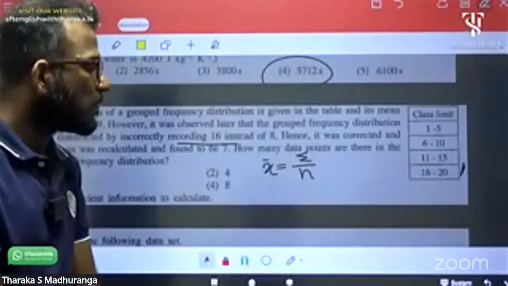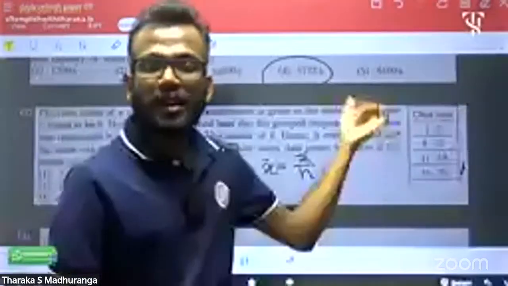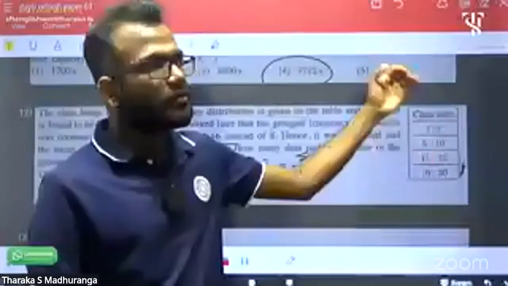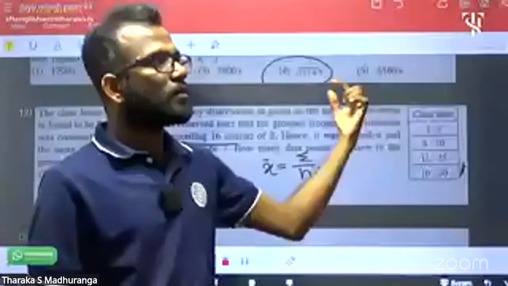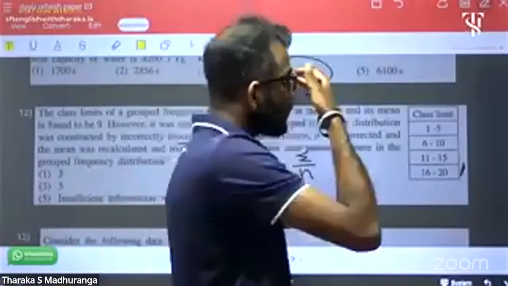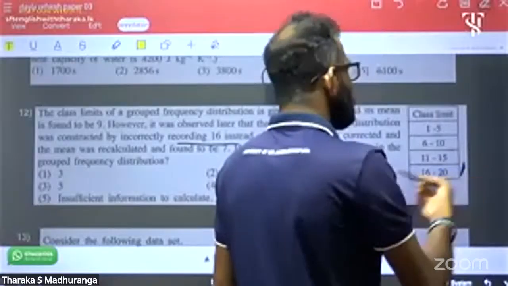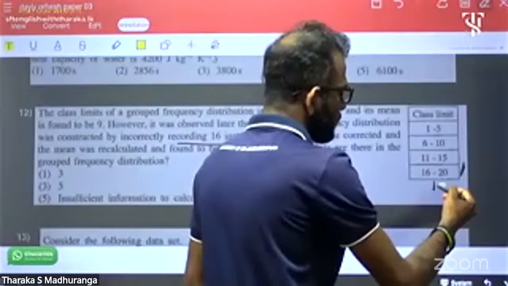It is called class limits, class size, class mark, different names. Then we get the middle value of 16 and 20, which is 80. If you can't understand, no problem. Next week we can discuss.